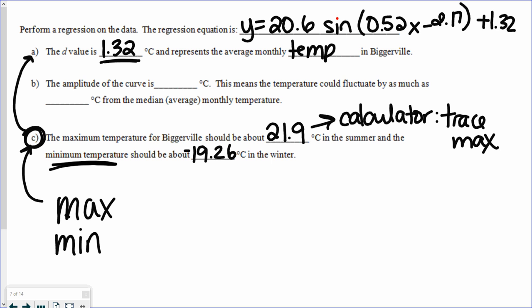That's where all of these came from. So the d value is 1.32. Remember amplitude comes from our a value, so the amplitude of our curve is 20.6.